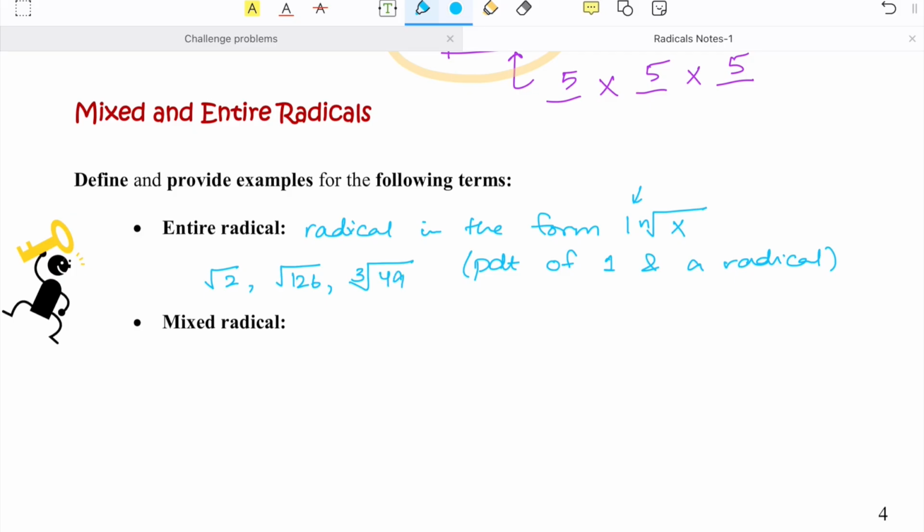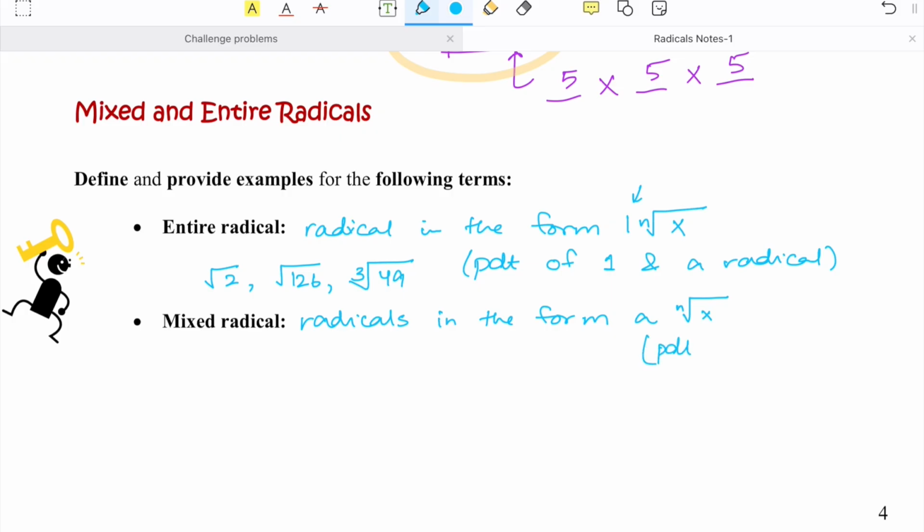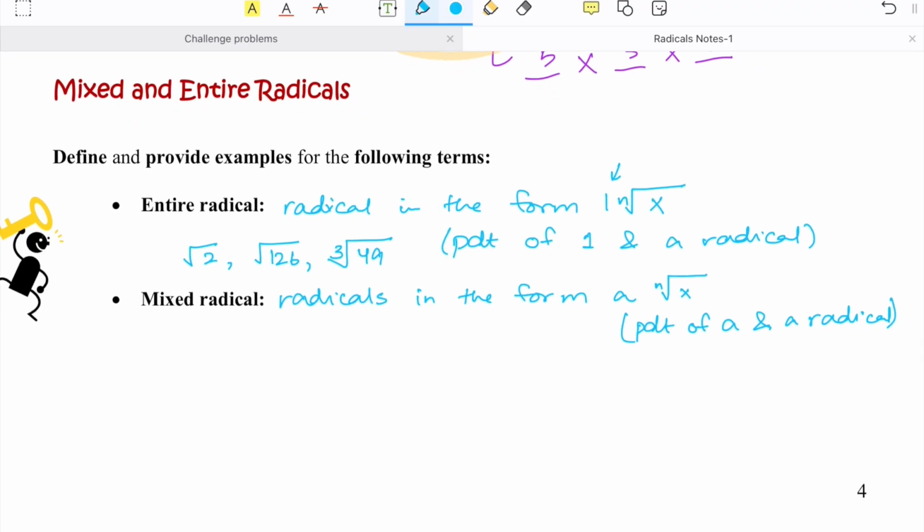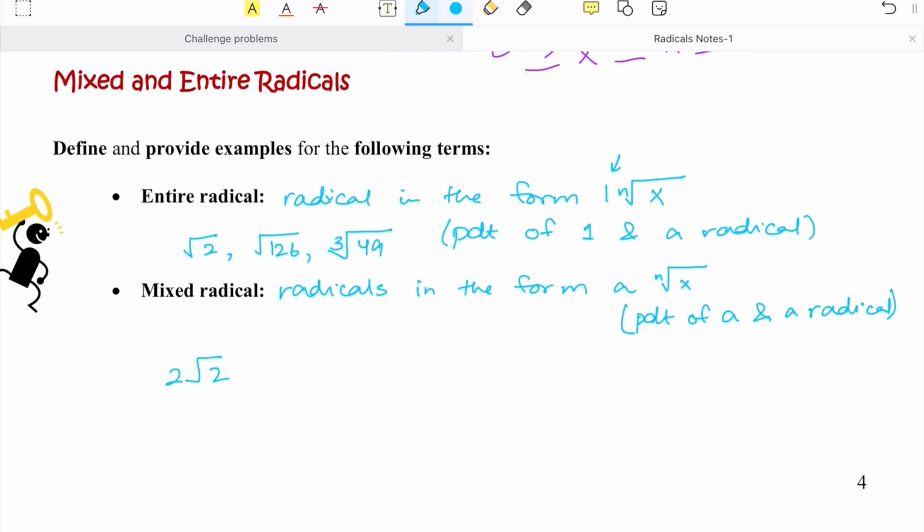Mixed radicals are radicals in the form a times nth root of x, which means we're just doing a product of a and a radical. So 2 root 2, 3 root 71, 15 root 3.